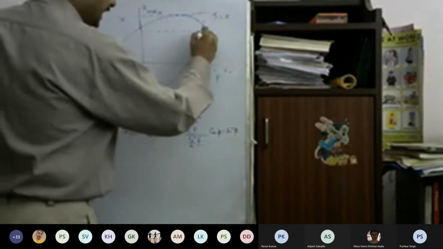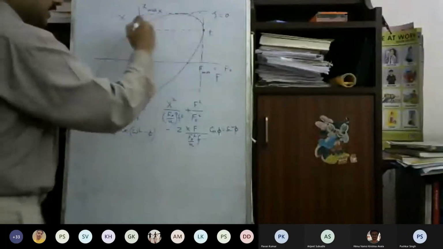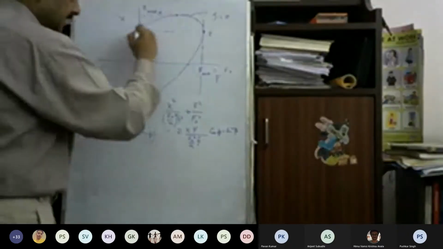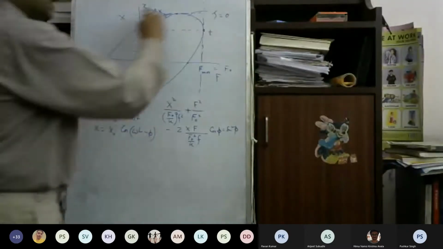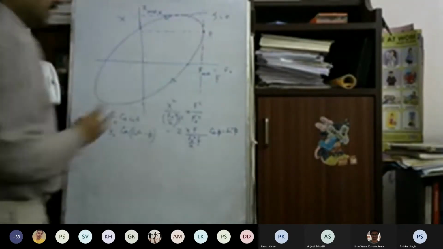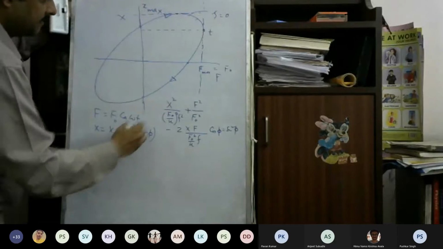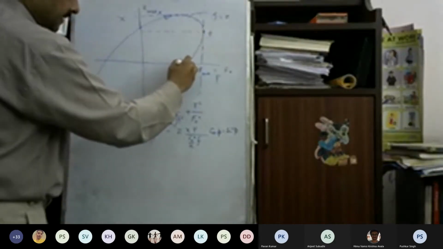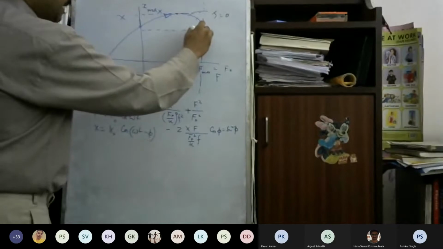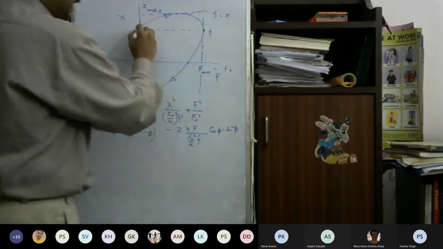So here what you see is that at this point, at a different point, which is at F equal to 0, it is like that. So what we see from here is that the curve is actually traced in this direction. Okay, so the value of F is maximum, then it is decreasing, and x is decreasing.